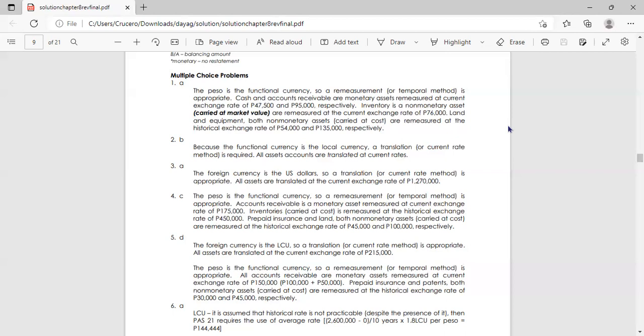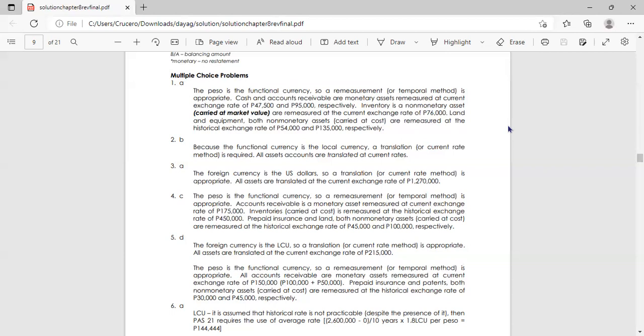It's 218,500 using the current rates. However, using the historical rates, we have the total of 189,000. So we get the total of 407,500.